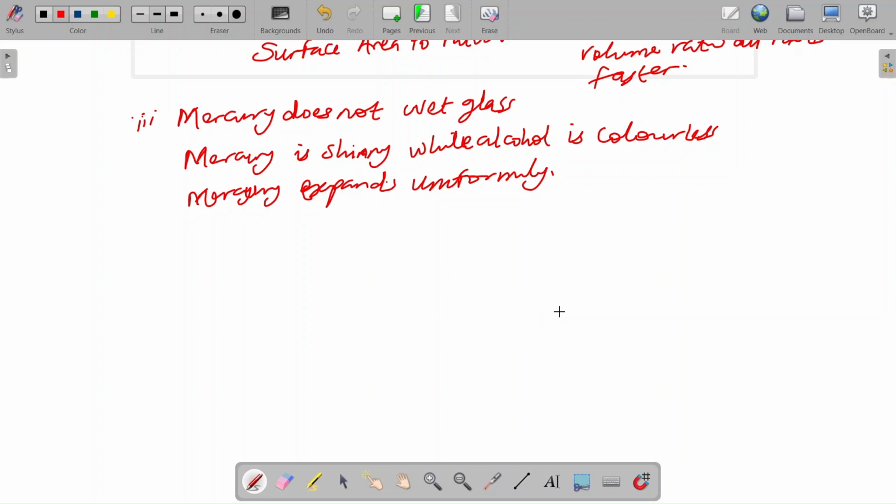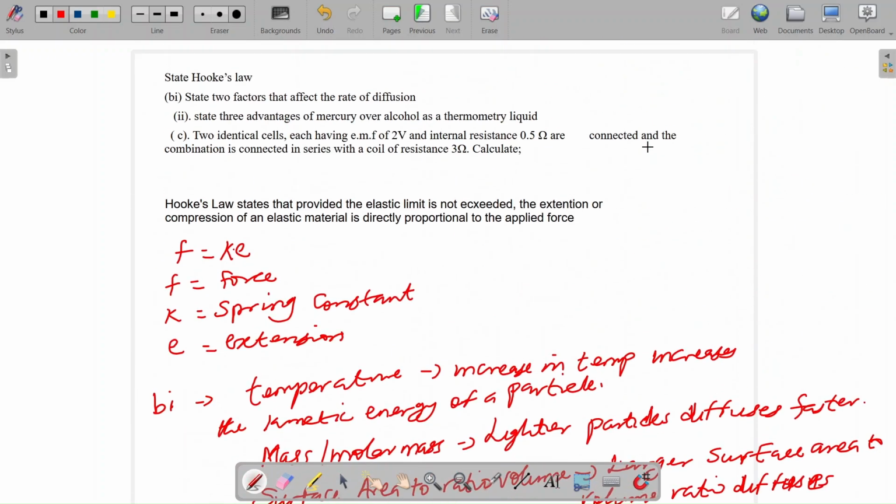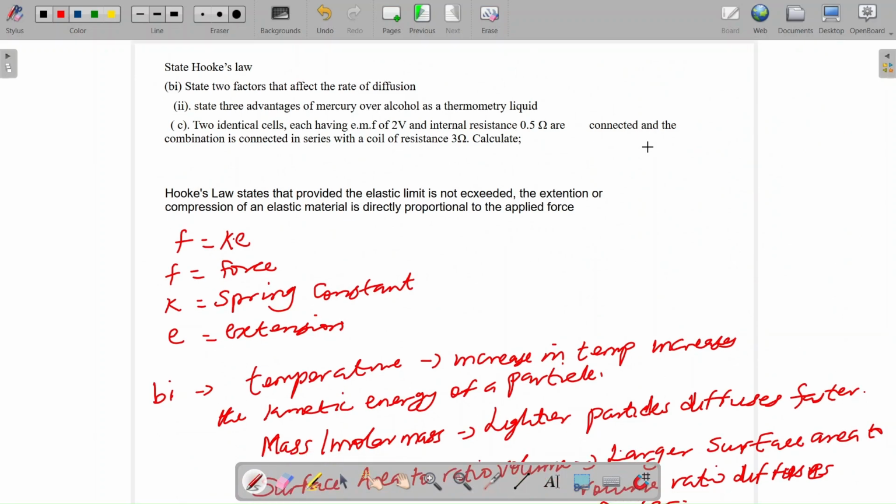Mercury also has a high boiling point, so it can take higher readings. Before it evaporates, it takes a long time.